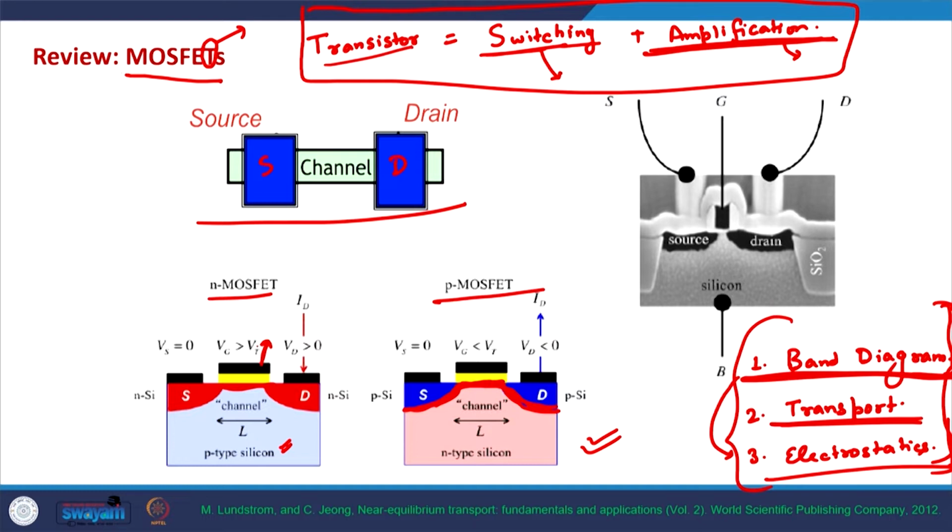Switching is easy to understand, because we can understand it even from this diagram. In the NMOS, if the gate voltage is less than the threshold voltage, the channel won't be there and the device will be off, and that's how the off state is achieved.